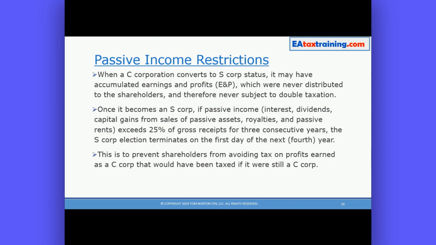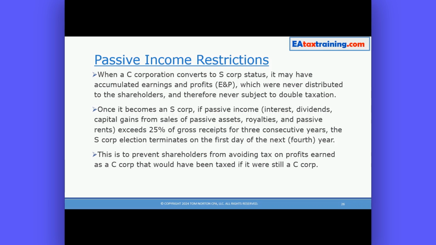Once it becomes an S Corp, if passive income, so interest, dividends, capital gains, etc., exceeds 25% of gross receipts for 3 consecutive years, then the S Corp election terminates on the first day of the 4th year. This is to prevent shareholders from avoiding tax on profits earned as a C Corp that would have been taxed if it were still a C Corp.